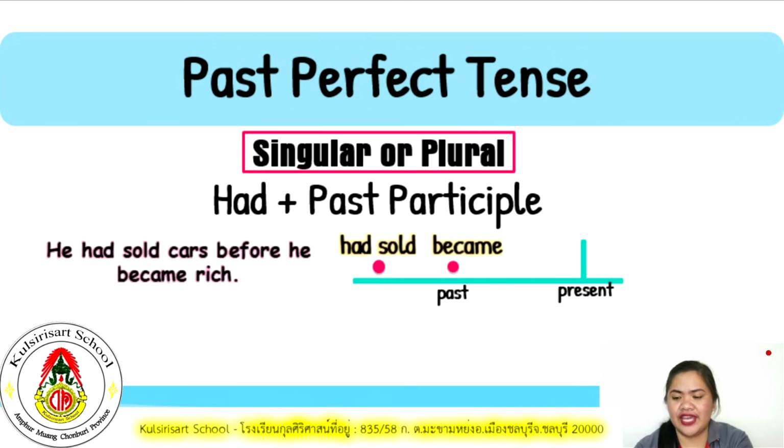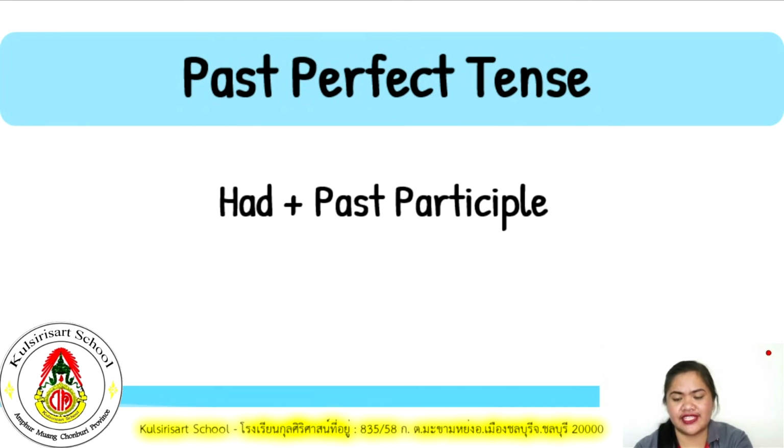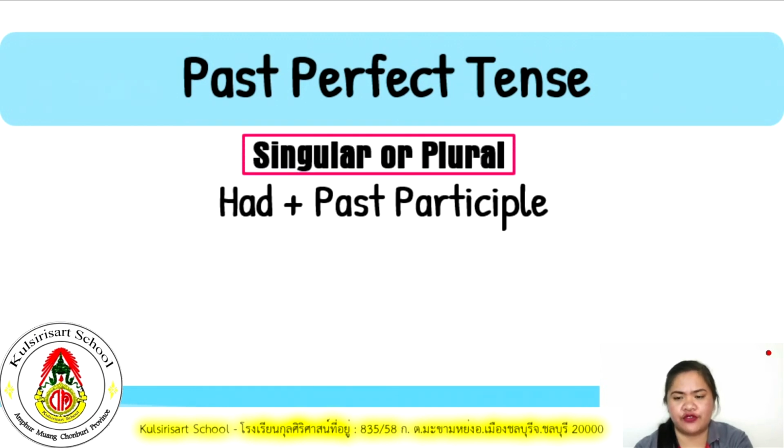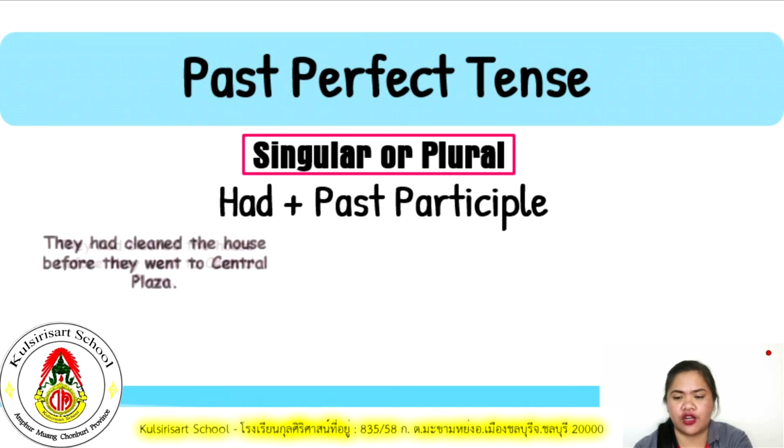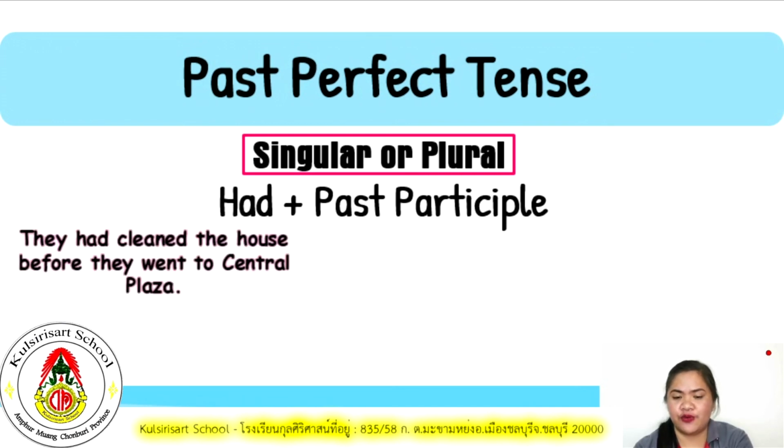Next, we have another example. The same, had plus the past participle of the verb, whether our subject is singular or plural. The sentence we have is, they had cleaned the house before they went to Central Plaza.